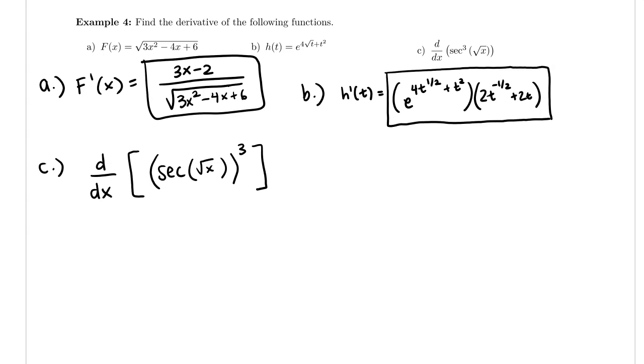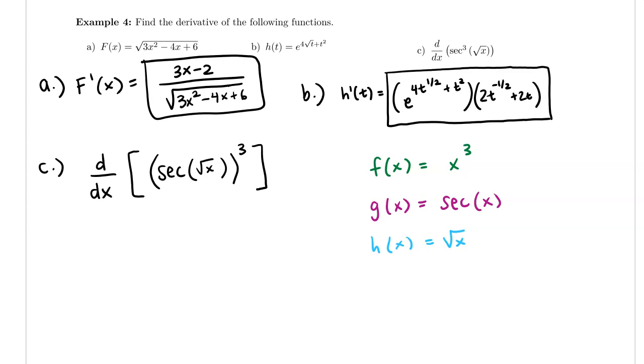All right, so our outermost function, which I will call f of x, is equal to x cubed. Then the next function would be g of x, and that is equal to secant of x. And then our innermost function, which I will call h of x, is equal to the square root of x.